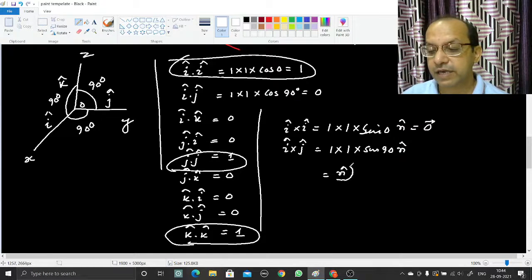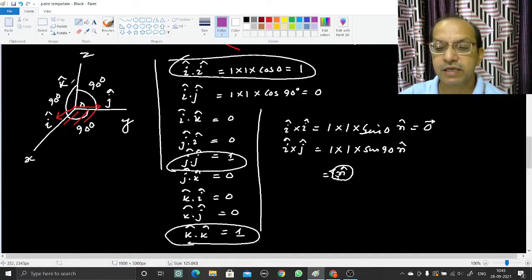So we have to find the direction of n cap and then write the unit vector in that direction. The i cap is in this direction, j cap is in this direction. We will put a screw perpendicular to this xy plane. So this is the xy plane, and the perpendicular direction of the screw will be this one.